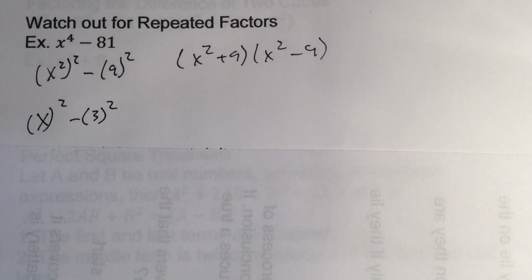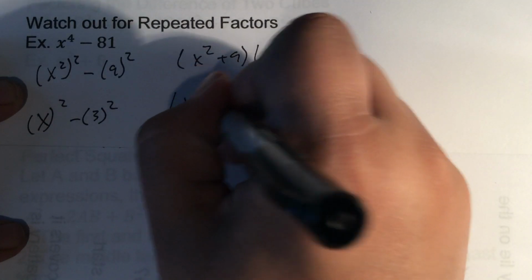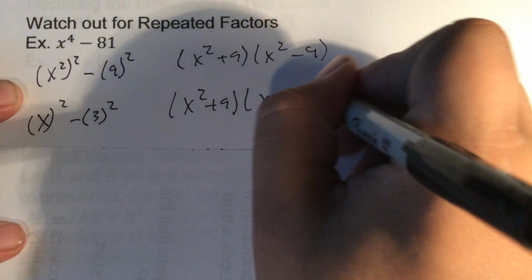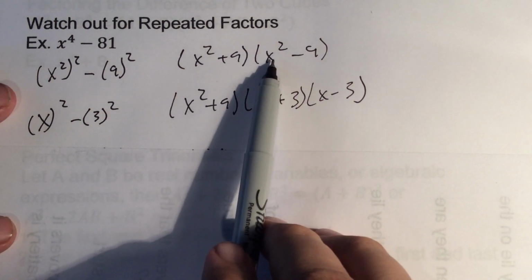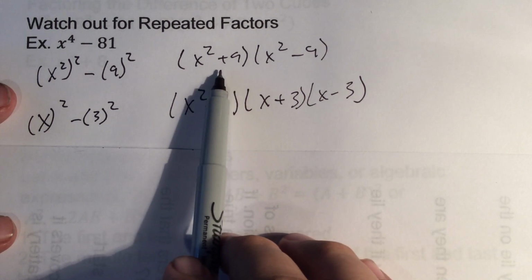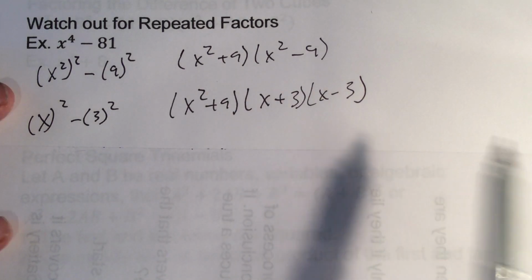So that's another set of difference of squares that we can do. And so we end up with x squared plus 9, x plus 3, x minus 3. So that's where I'm talking is see if you can break these down further. X squared plus 9 isn't a difference of squares, so it can't go further. This one is, so this is what it would break down to be.